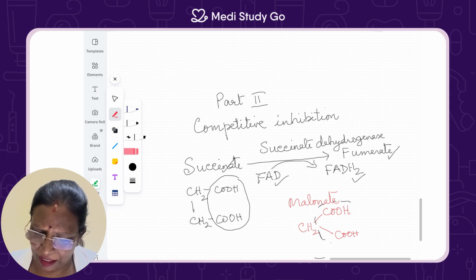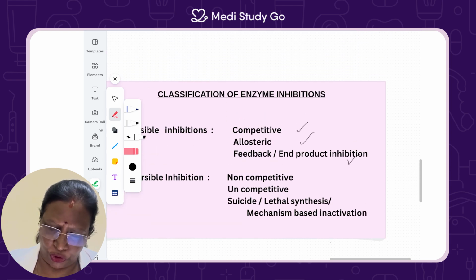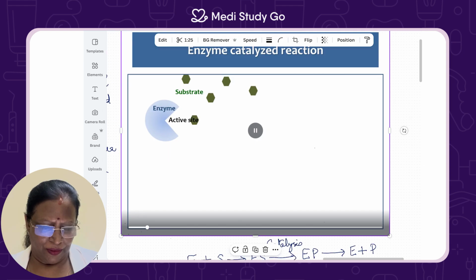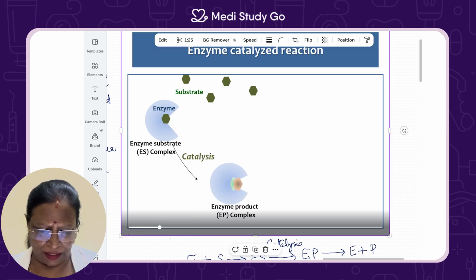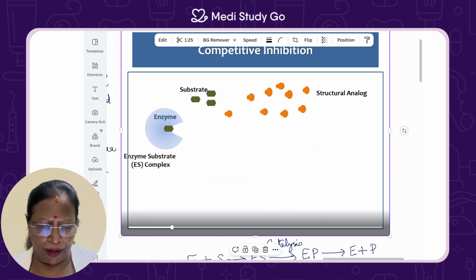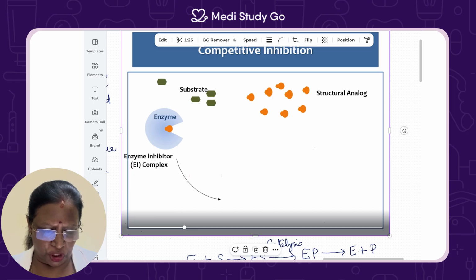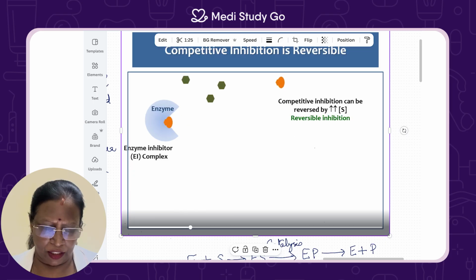Now let us see a video to show you how exactly the substrate binds to form a complex, catalysis occurs, and the enzyme product complex dissociates and goes back. In the presence of a competitive inhibitor, the substrate is pushed out and no product is formed.